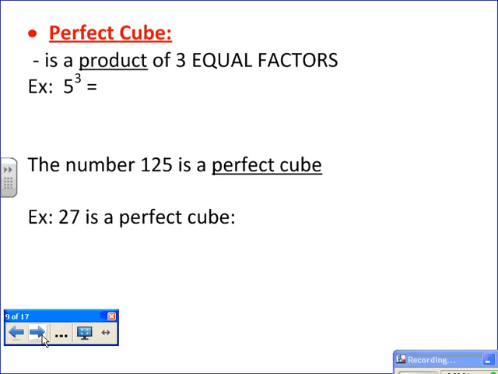So perfect cubes, very much like a perfect square, the word cube stands for cubing, telling us that we are talking about something which we're going to use in a multiplication 3 times. That's what cubing means. And it's a product of 3 equal factors then. So 5 cubed. In other words, a cube is an exponent 3.